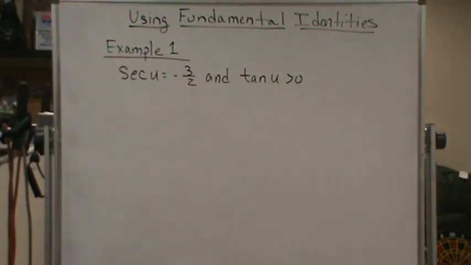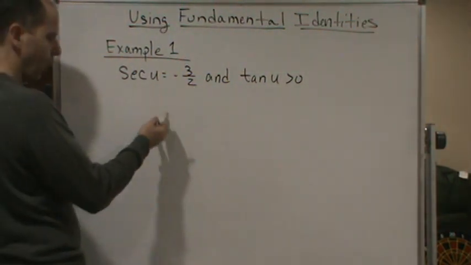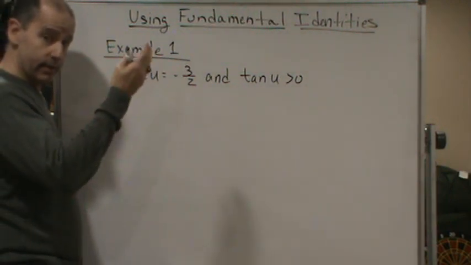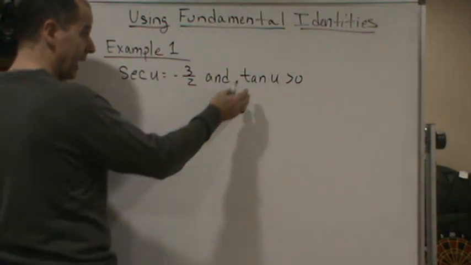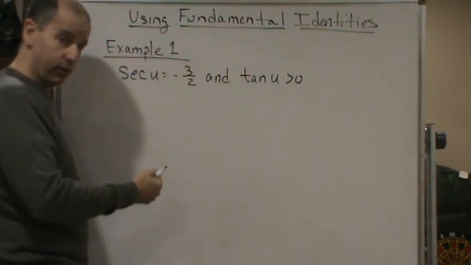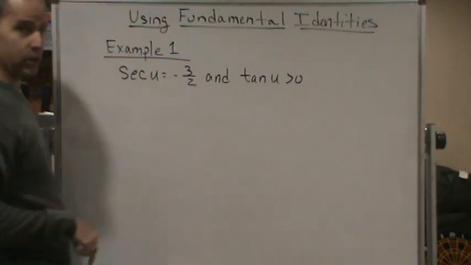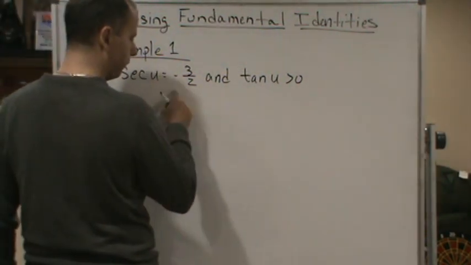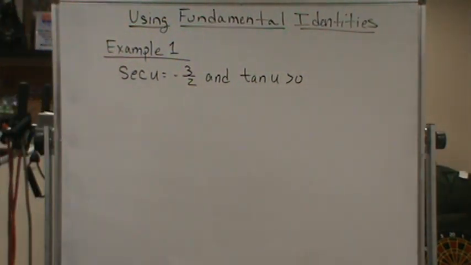So what quadrant are we in? Well, cosine is negative in which quadrants? In the second and third. But tangent is positive in which quadrants? First and third. So that means we must be in the third quadrant, for both of these to be true. Okay, so we know we're in the third quadrant, so let's move forward.